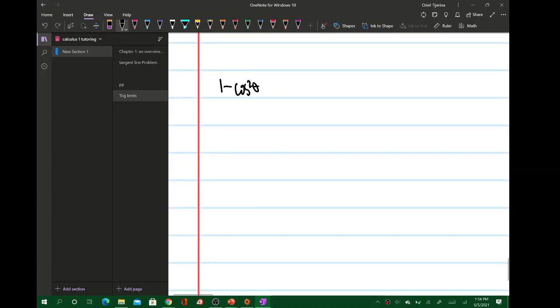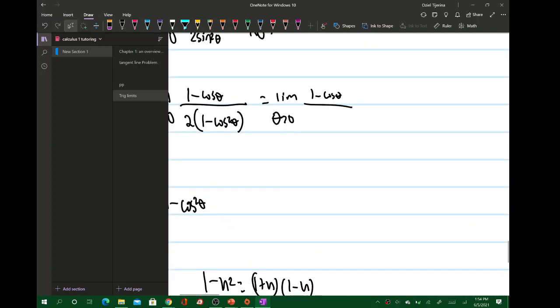So really, if you think about it, 1 minus u squared is equal to 1 plus u times 1 minus u. Similarly, u squared minus 1 is equal to u plus 1 times u minus 1. So you're going to say 2 times (1 plus cosine theta) times (1 minus cosine theta).